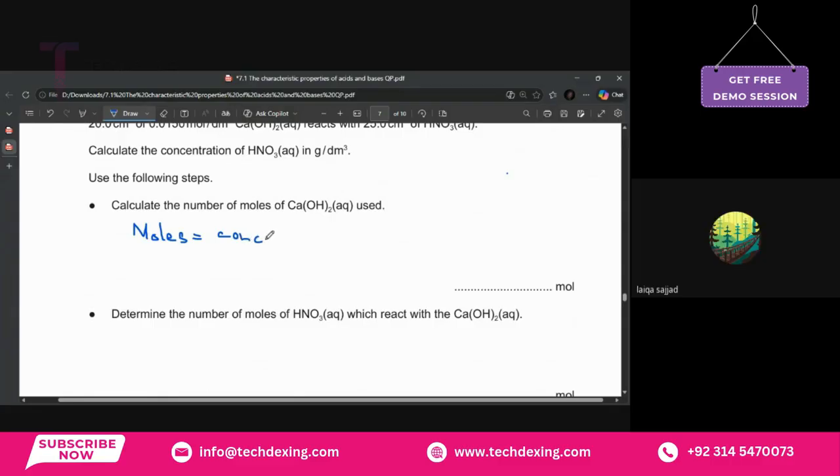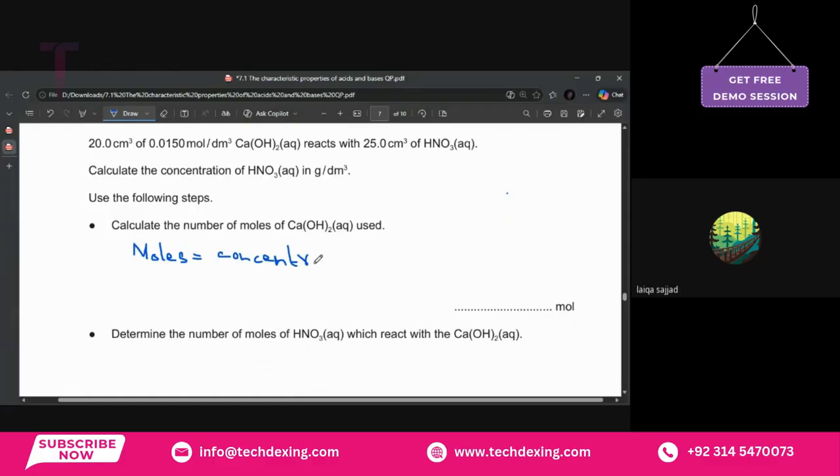Okay, so this is the formula. Number of moles is equal to the concentration, whose unit is moles per decimeter cube, times the volume. And the volume must be in decimeter cube.